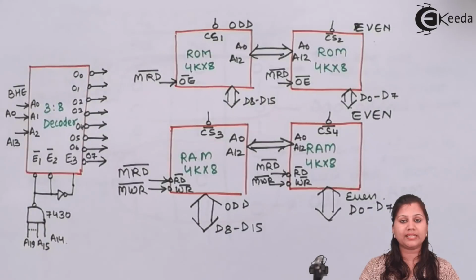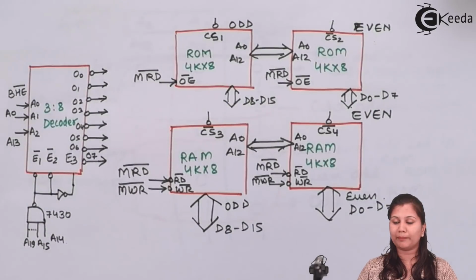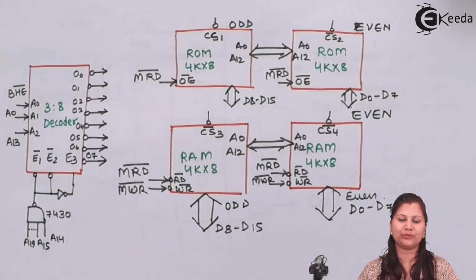In this way you can solve the problems which are based on interfacing the memory with the 8086 microprocessor. I hope that this problem is clear to you. Thank you.